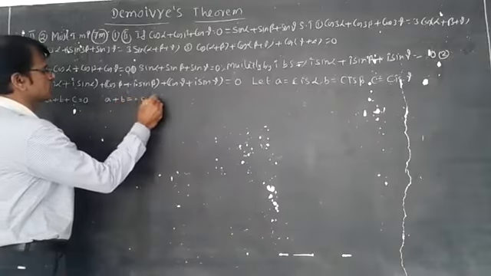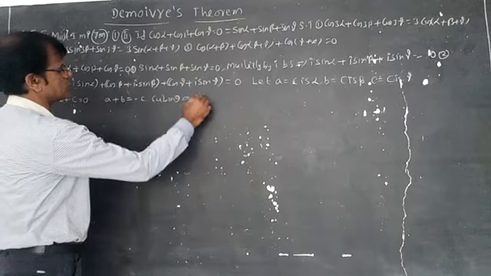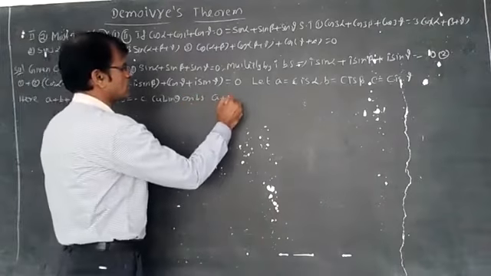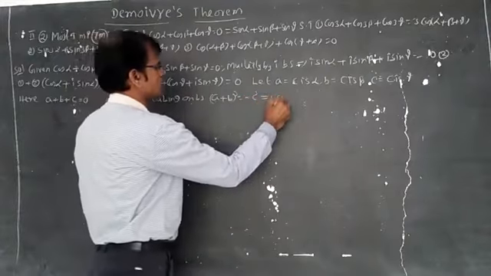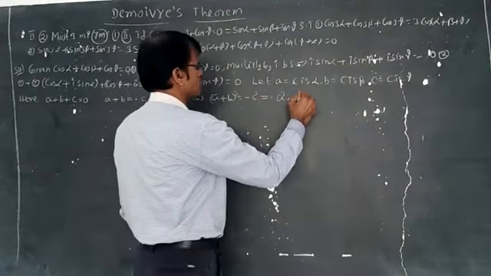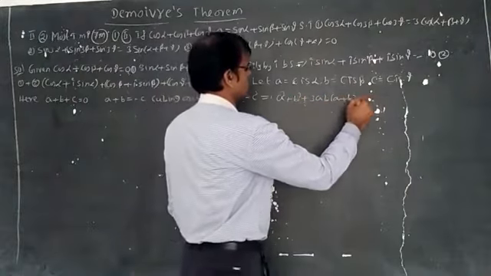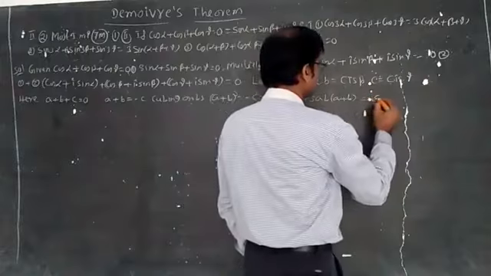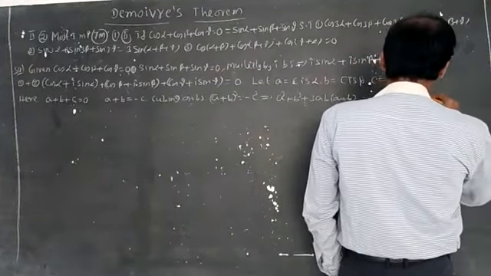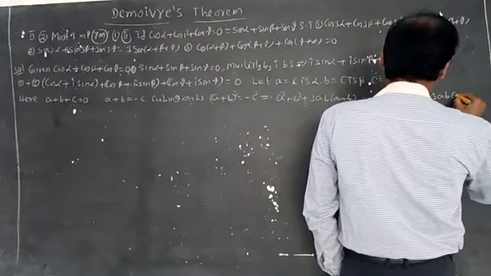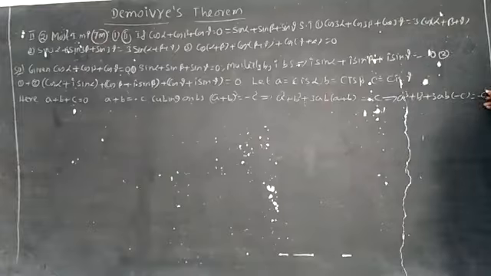So A plus B is equal to minus C. Take it and write here, cubing on both sides. So A plus B whole cube is equal to minus C cube. The formula: A plus B whole cube is equal to A cube plus B cube plus 3AB into A plus B, where A plus B is equal to minus C. That implies A cube plus B cube plus 3AB into minus C is equal to minus C cube.